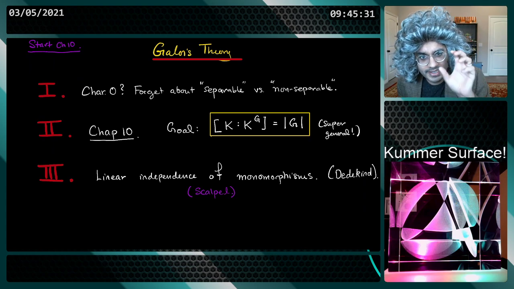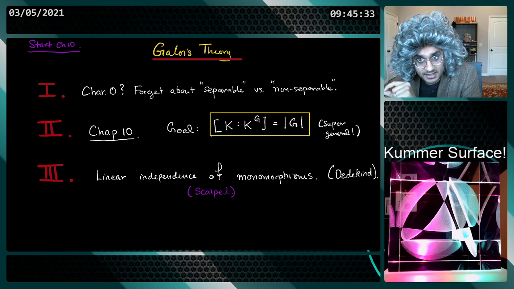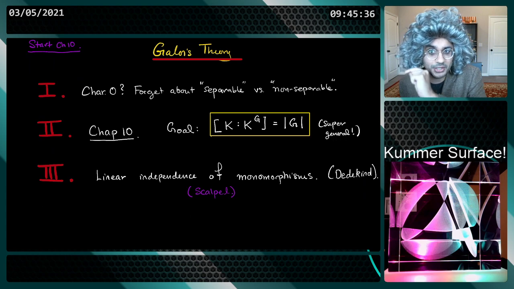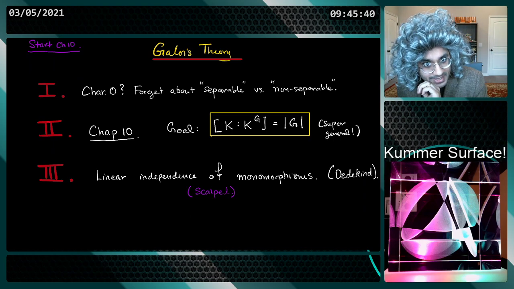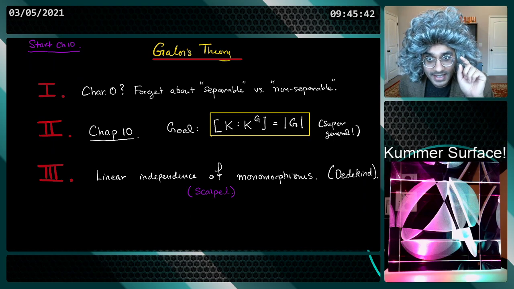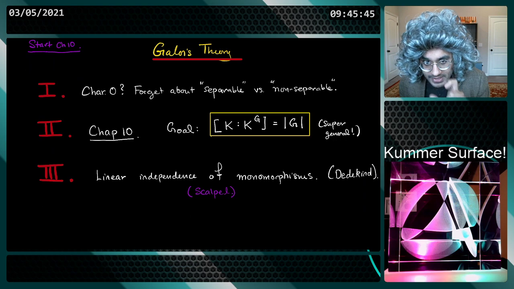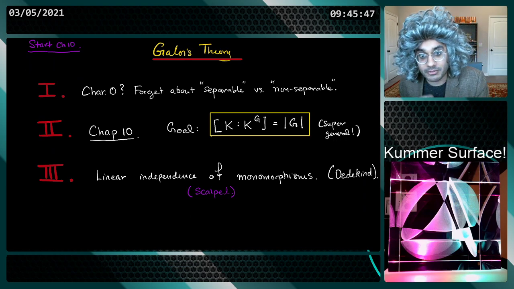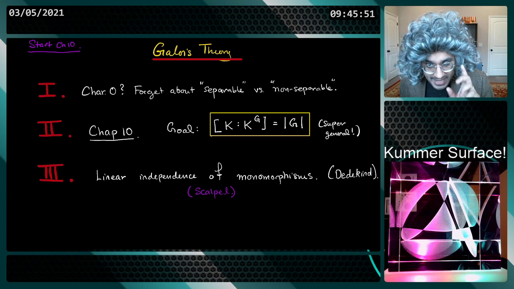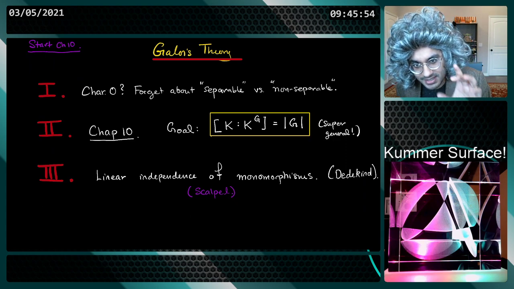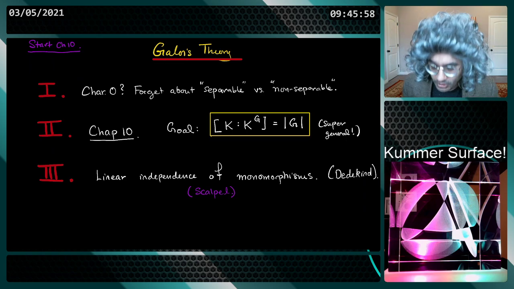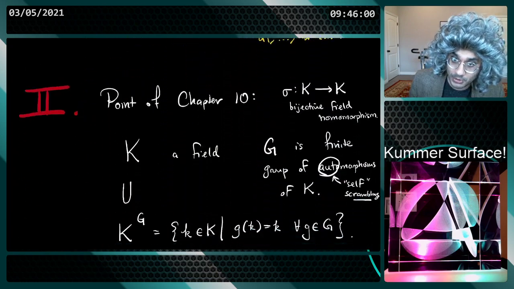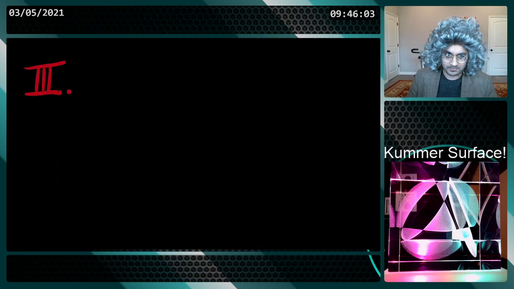It's an example of linear independence. This type of argument shows up in many places. You've seen it once probably in a linear algebra class. So we're going to prove a little algebraic device called linear independence of monomorphisms, and this is due to Dedekind. Dedekind realized the importance of these kinds of little devices probably earliest among all algebraists, and exploited them very successfully.